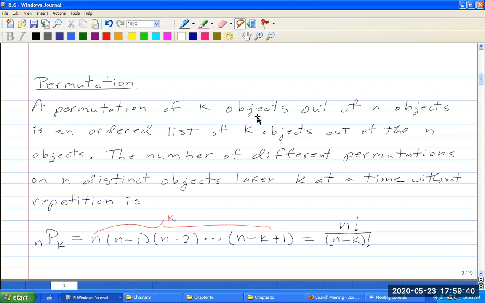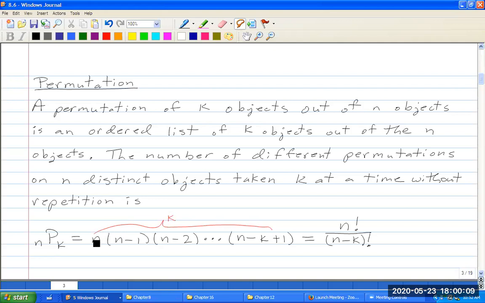The number of different permutations with n distinct objects taking k at a time without repetition is P(n,k), which is n times n minus 1 times n minus 2 times dot, dot, dot, n minus k plus 1.